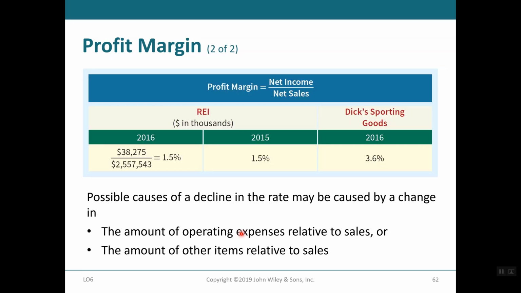A possible cause of decline in the rate may be changes in the amount of operating expenses relative to sales, or other items relative to sales. So either the operating expenses are becoming too high, or your sales are pretty low.